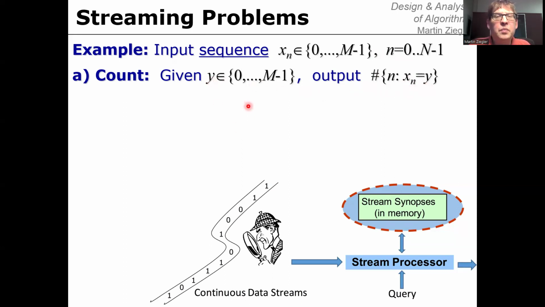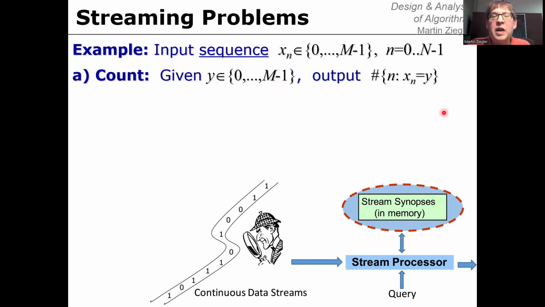Well, that's one problem, and it can easily be solved using sublinear memory, that is without storing the entire stream, namely by simply implementing a counter, right? So we count how often we have seen y so far, and whenever the next entry in the stream passes by, we compare it to the given y, and if it agrees, then we increment the counter.